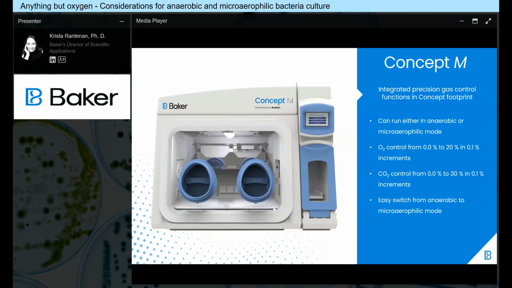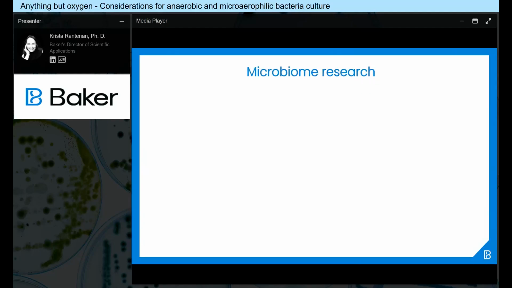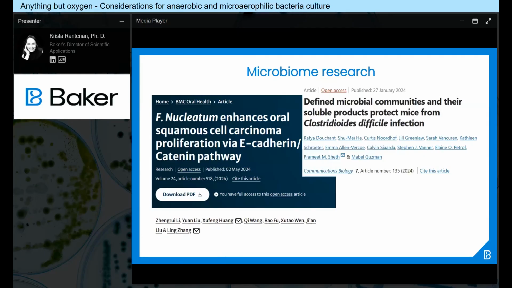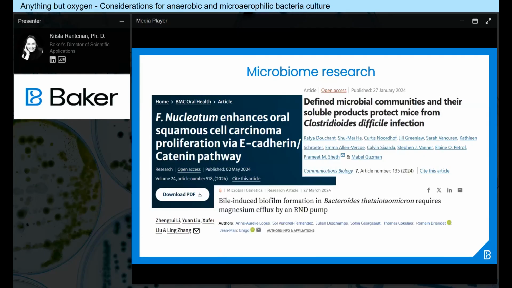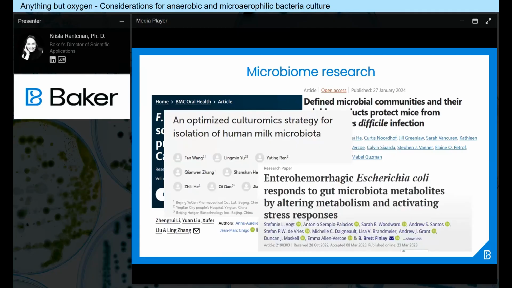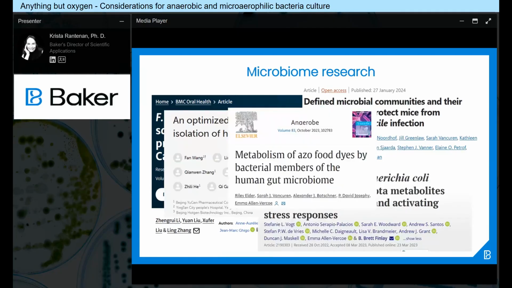So yes, coming to the final bit. We have collected here a few examples of the microbiome research performed with our instruments, only with the Baker or the former Ruskin workstations. There are over 2,000 publications done with our workstations, and these are just examples from last year or so.